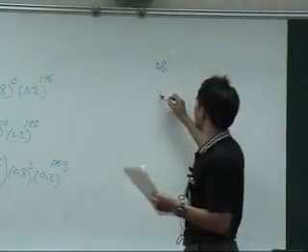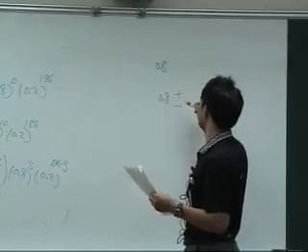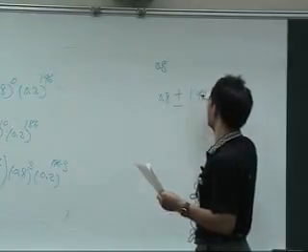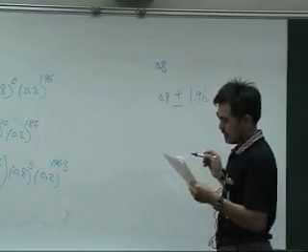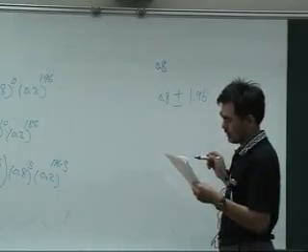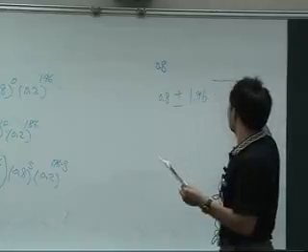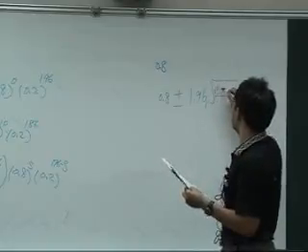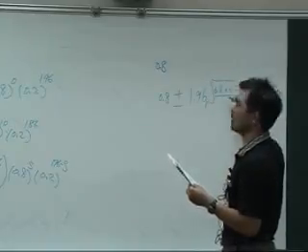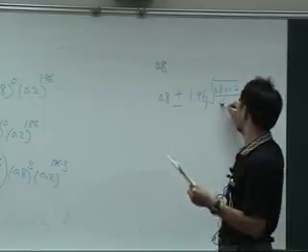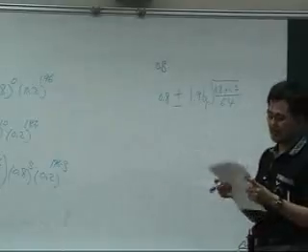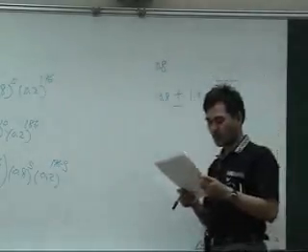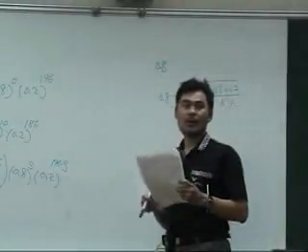So 0.8 plus or minus 1.96, because this is a two-sided estimation. So then you have the square root of 0.8 times 0.2 divided by how many? 64, right? So basically, if you can get this, you're done, okay? So that is for question 4. Any questions?